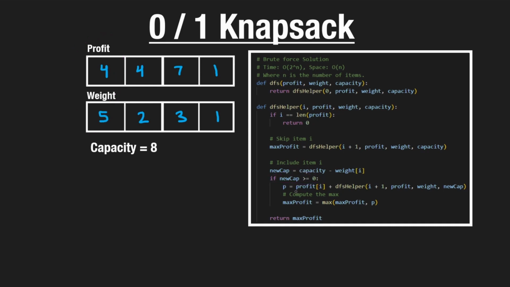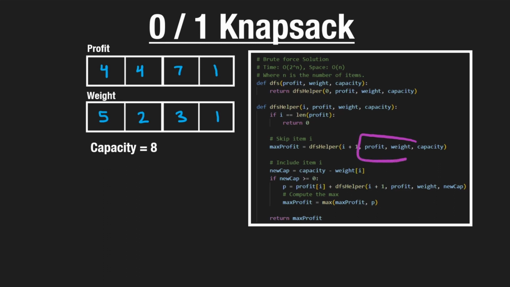We take the profit of that item, add it with a recursive call, and we're passing in I plus 1 here. And also notice how we're passing in the new capacity because we subtracted this weight from the capacity. So this is the remaining capacity that we have. And we're recursively calculating the max profit with this capacity remaining on the remaining items to the right of this item, for example. The other parameters are going to stay the exact same.